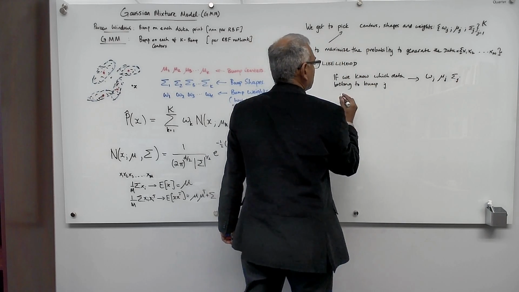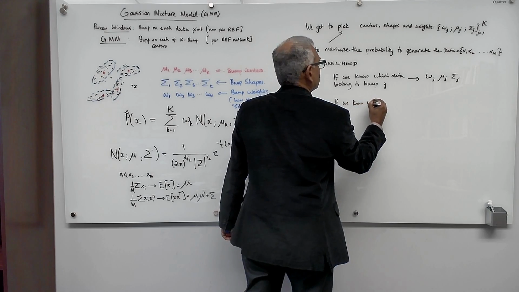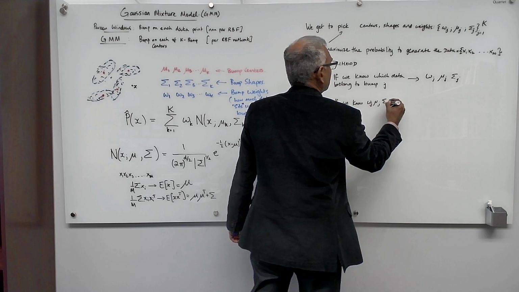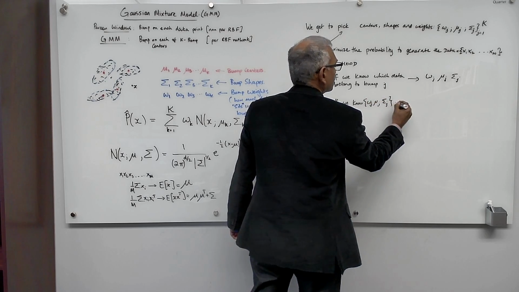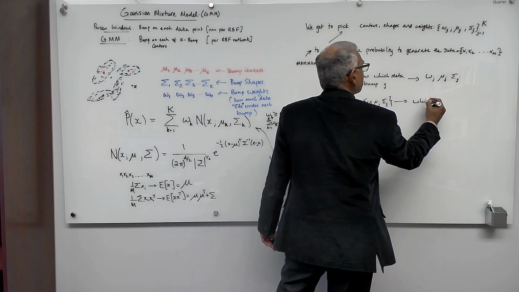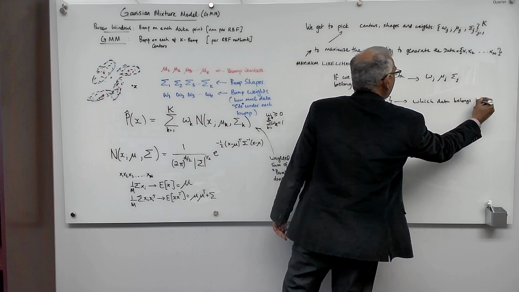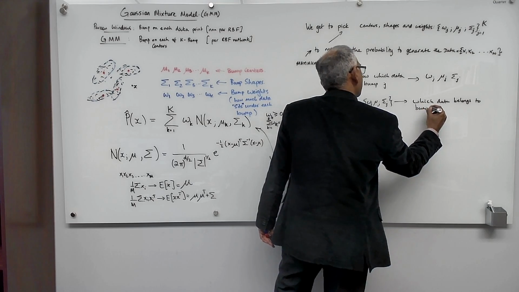And if we know Wj, μj, sigma j, then we can figure out which data belongs to bump j.